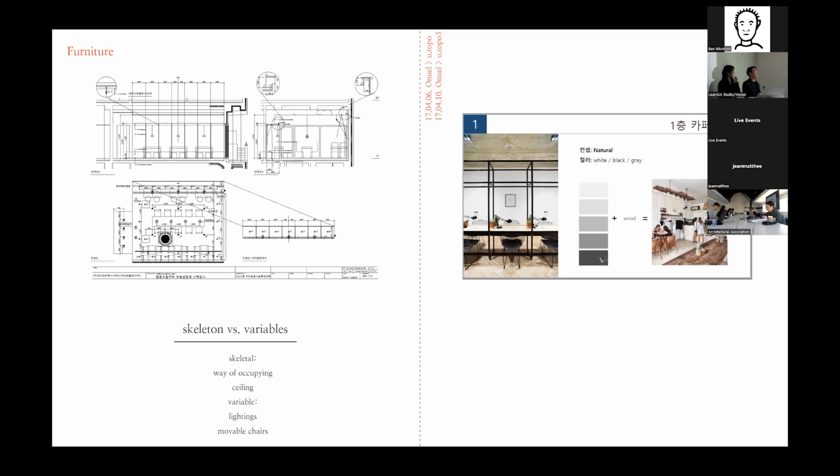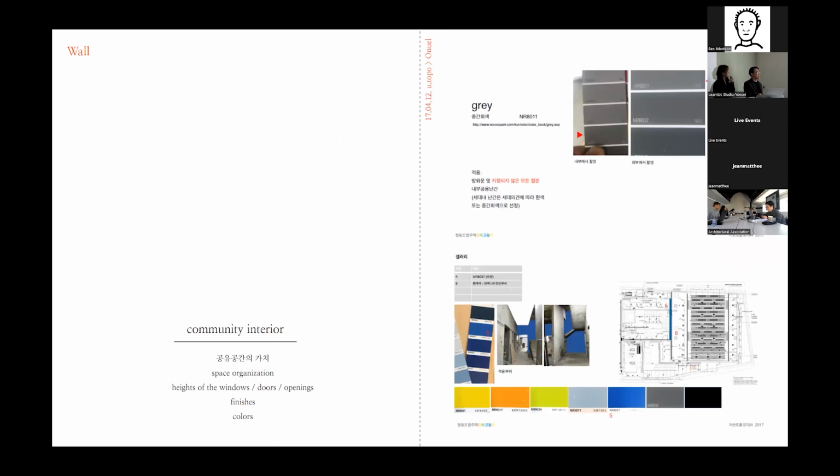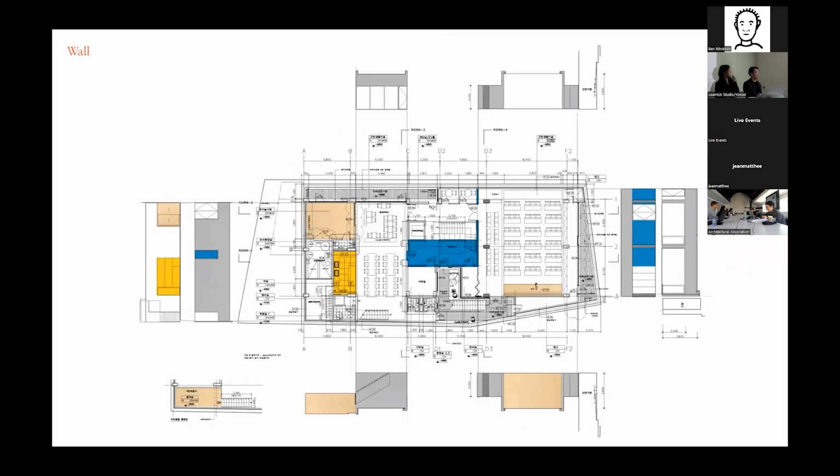And with this basic principle, the community tried to apply the concept, for the feel, for the look on their own. And the wall was also discussed with this common palette, which can be a community interior.